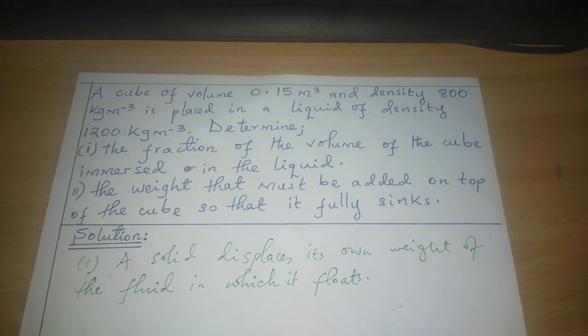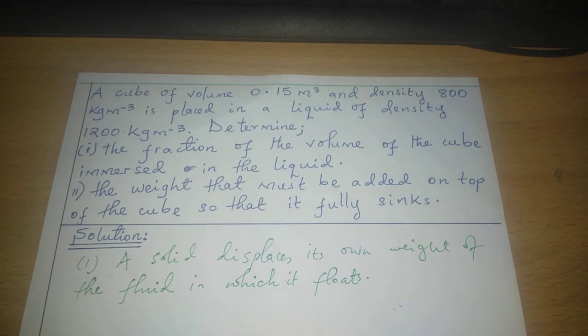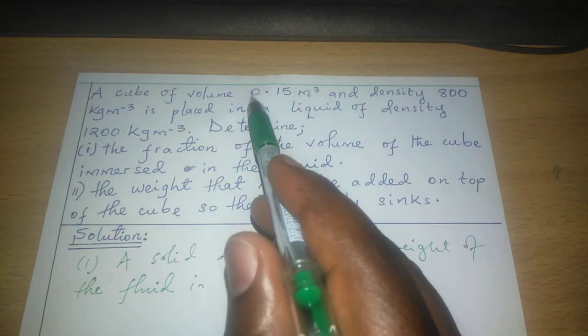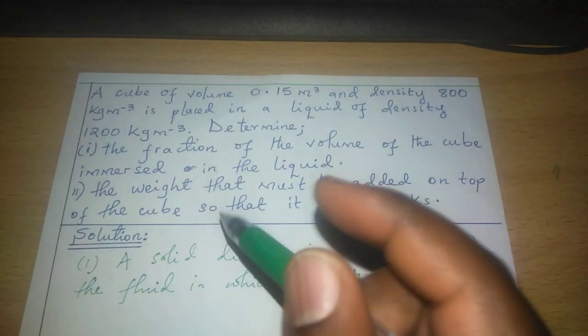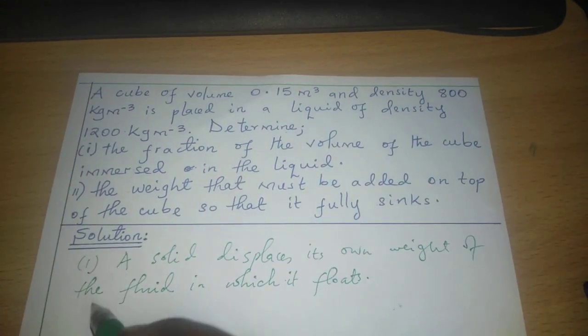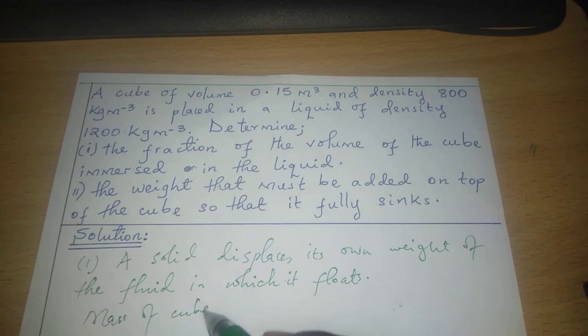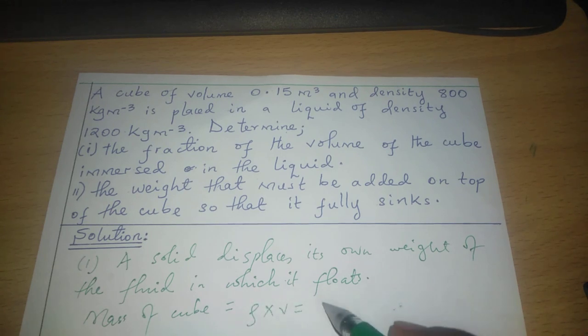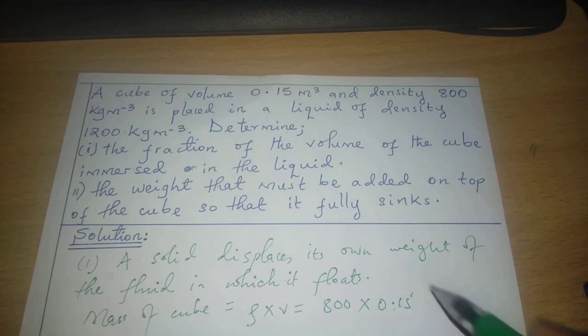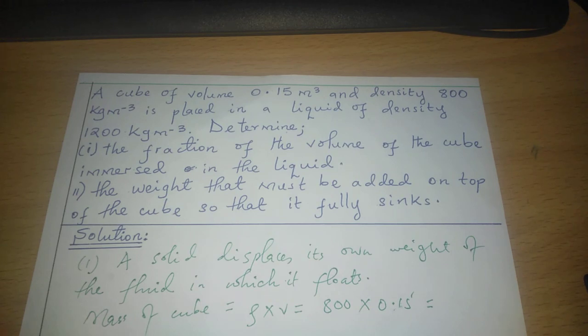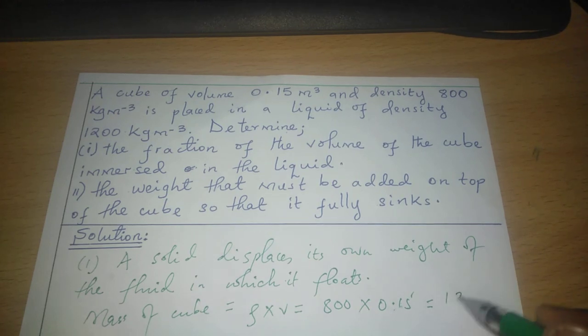For the cube we have its volume and its density, so we can get its mass. We can start by getting the mass of the cube. Mass is given by density times volume. So a density of 800 and a volume of 0.15 gives us a mass of 120 kilograms.